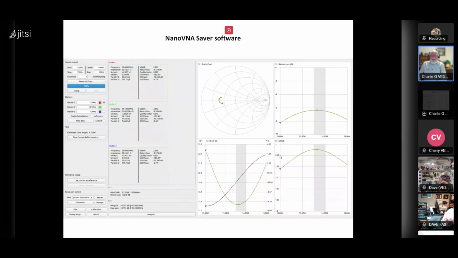So coming back to this NanoVNA Saver software chart, I wanted to do some kind of an example of what sorts of things you could do with the NanoVNA, and the example I chose is my end-fed half-wave antenna that I use for playing with HF.